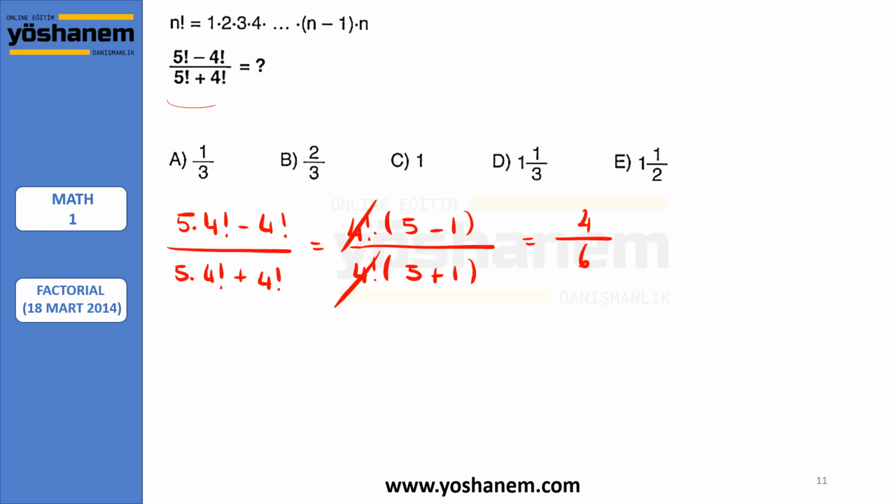But look at this, there is no 4 over 6, so let's go ahead and simplify it. I can divide both numbers by 2, right? So I'll have 2 over 3 and that's my new answer.